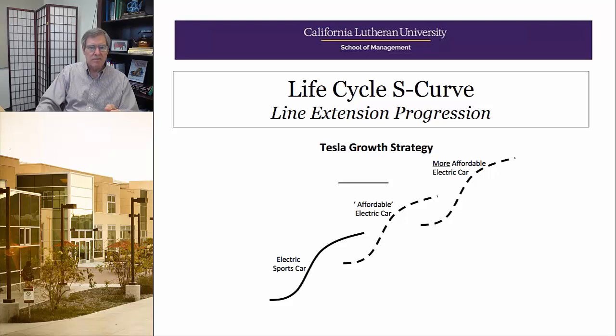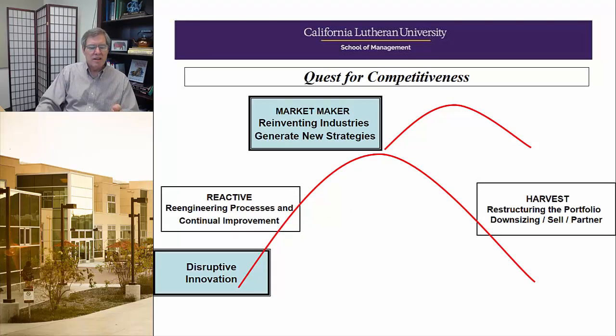And this is what you have to be aware of, the difference between innovation and line extensions. If we look at this model here, we can see that at the bottom of the larger life cycle curve, we have disruptive innovation. This is disrupting within the industry or simplifying a product. At the top of the curve, you have a market maker who is reinventing an industry and generating new strategies.